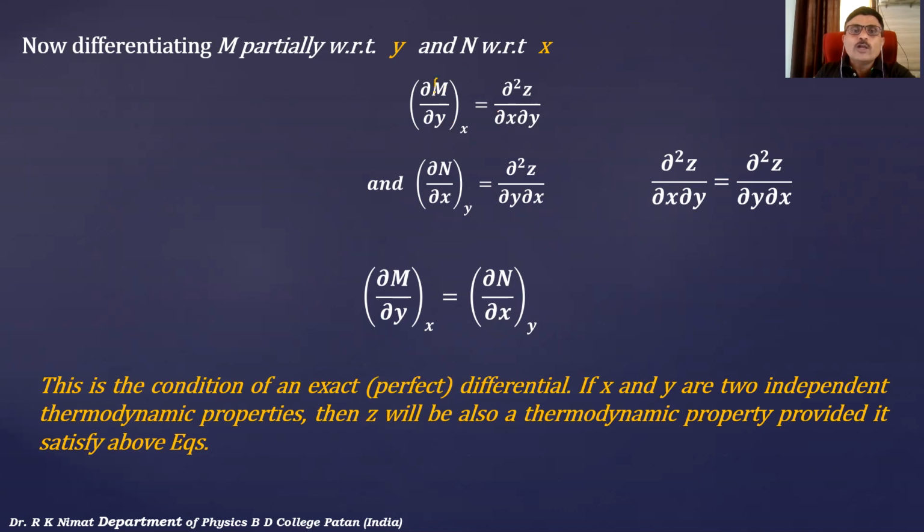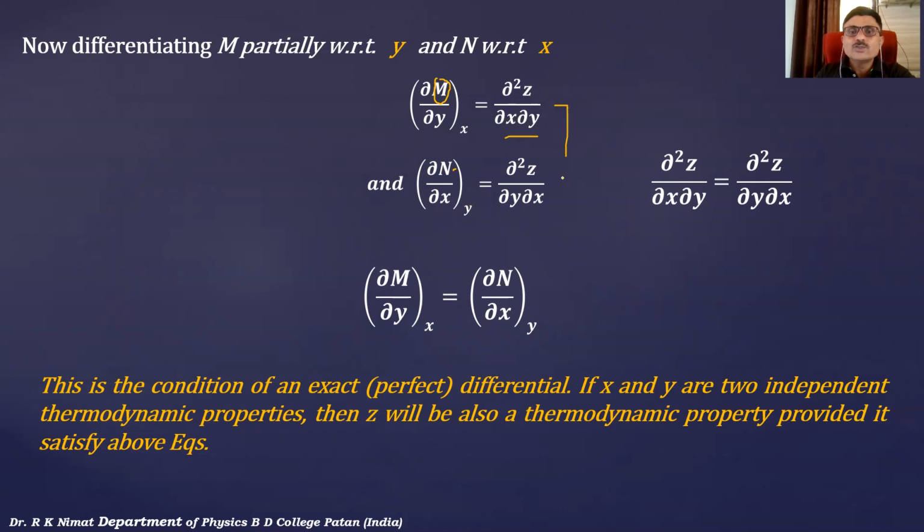We have just derived the value of M. Since the value of M is nothing but ∂z/∂x, if you put that value, you get ∂M/∂y is equal to ∂²z/∂x∂y. And the partial differentiation of N with respect to x gives ∂N/∂x at constant y, and putting the value of N, we get ∂²z/∂y∂x.